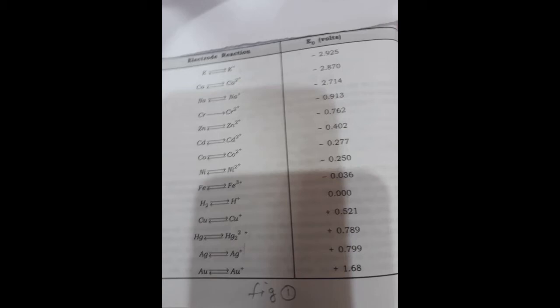Hence, all electrode potentials are actually relative values and accordingly must be stated with respect to some reference. The hydrogen electrode, considered standard, is assigned 0 volts.